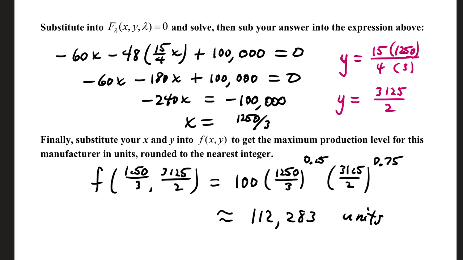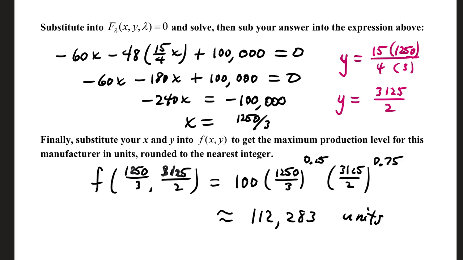Since y was equal to 15 over 4 times x, this is our x value, 1250 over 3, y will come out to reduced 3125 over 2. Back in the original problem, your lowercase f, we substitute in the 1250 over 3, that was our x value, and our y value was 3125 over 2.